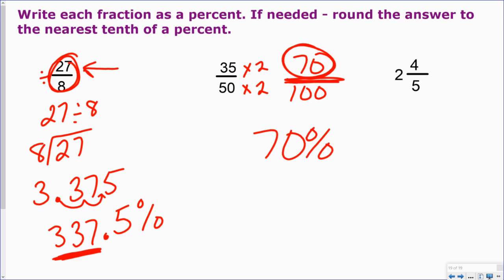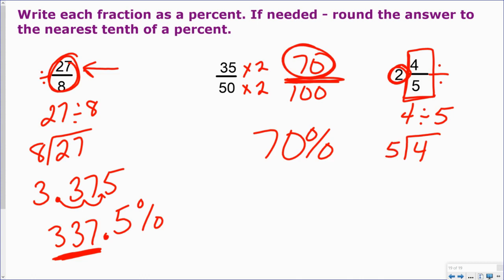Last one here. Again, I have 2 as a whole number, so that means my percent is going to be larger than 100%. So again, let's focus on the fraction here. So I have 4 fifths, or 4 divided by 5. And when I work that out, that gives me 0.80.